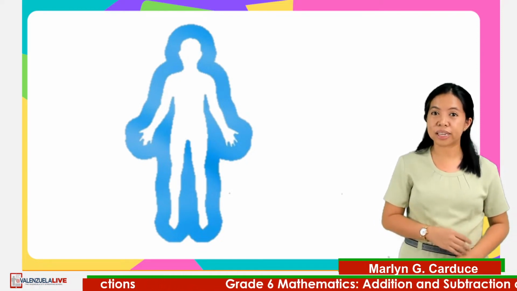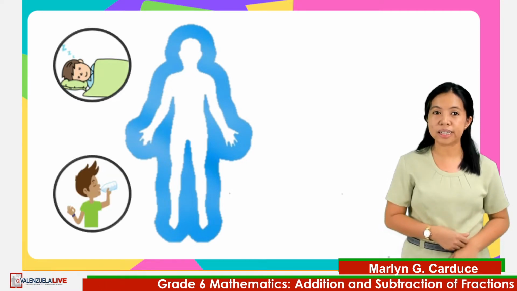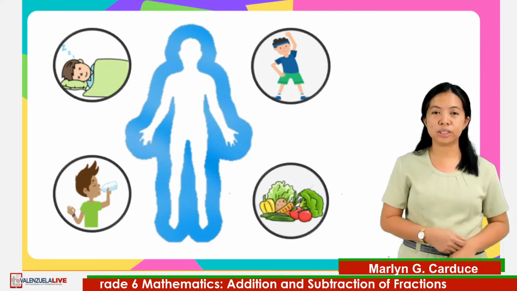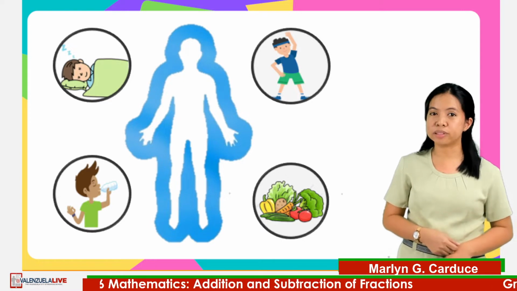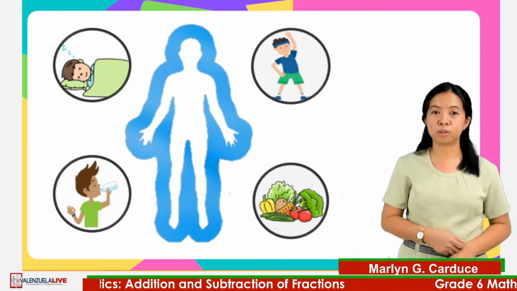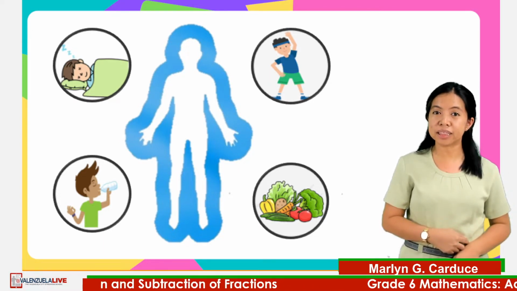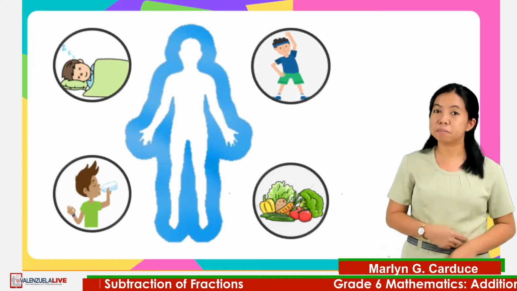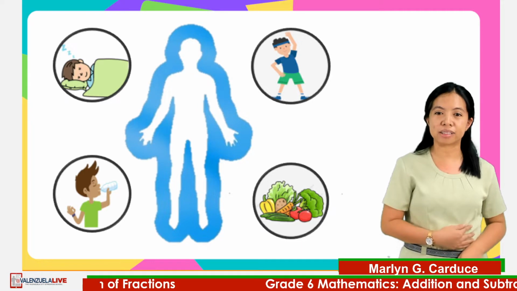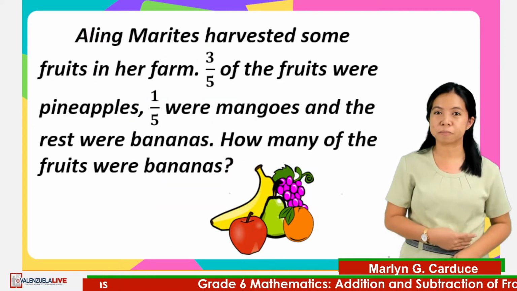We should have enough sleep, drink plenty of water, exercise, and eat nutritious food like meat, vegetables, and fruits. And speaking of fruits, some of the most common nutritious fruits that is packed with vitamins and antioxidants are the pineapples, mangoes, and bananas. And let us answer a math problem involving those fruits.